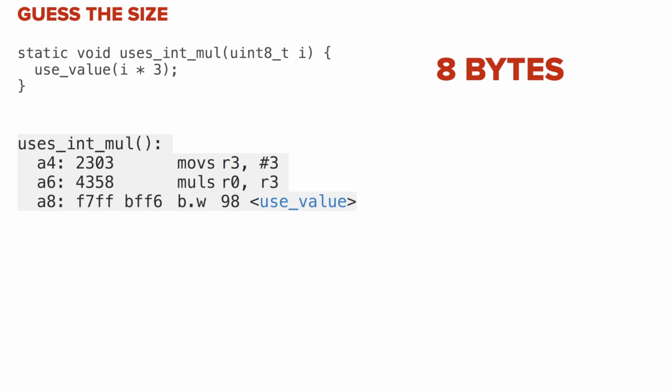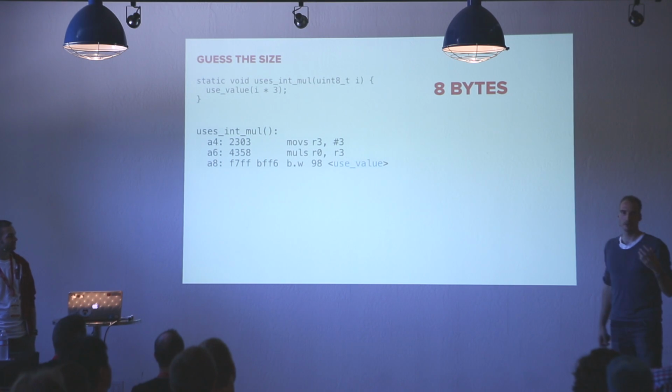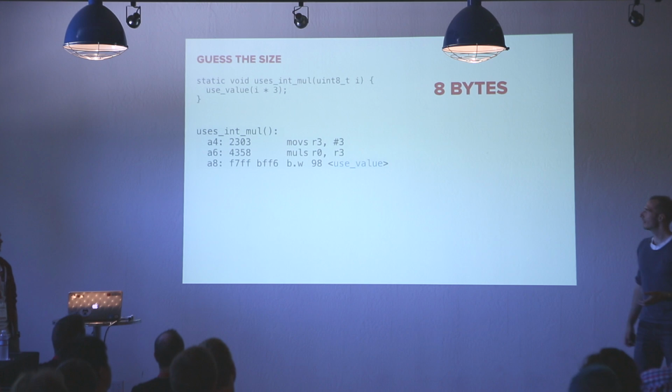And you can learn that by looking at the assembly. I'm just rushing over. So who's able to read ARM assembler here? Okay, that's the firmware team, and then a couple of you in the audience. What it does is load the literal 3 into one of its registers. The calling convention in the ARM ABI is that register 0 holds the argument, which is now the I. It will be multiplied with the value we had before.